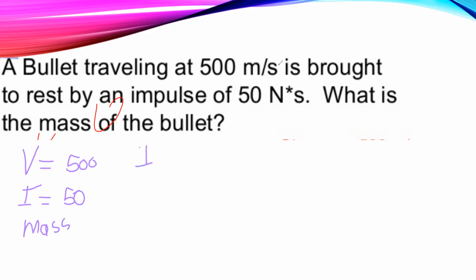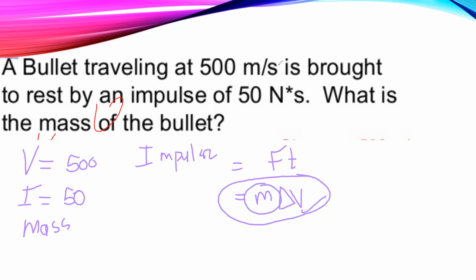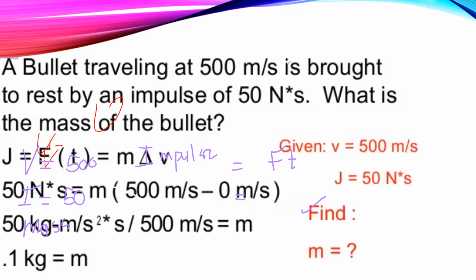Okay, we say that an impulse, or a change in momentum, has two formulas, F t or m delta v. Since I have a velocity and I want to find the mass, I have to use the second one. So impulse is m delta v.